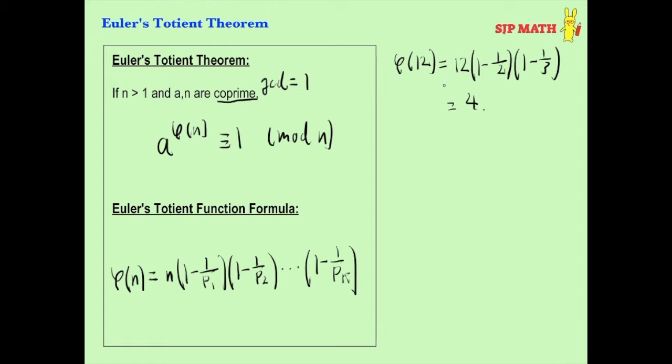And let's take a number that is coprime with 12, let's say 5. So 5 and 12 are coprime, and let's see if this formula works then. So 5 to the power of totient of 12.